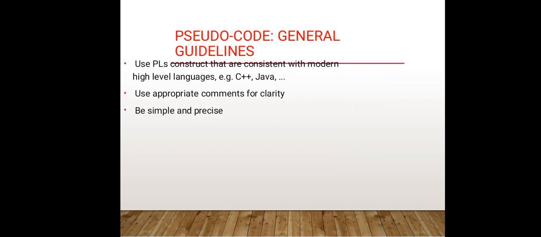All right, okay. Now, pseudocode general guidelines. So use programming language constructs that are consistent with modern ones. They move with technology. Computers usually move with technology, and that's the reason why certain software that were used in the 1960s, 1970s, 1980s, 1990s, 2000 and 2021, we're in 2023 now, you're going to agree with me that technology is advancing.